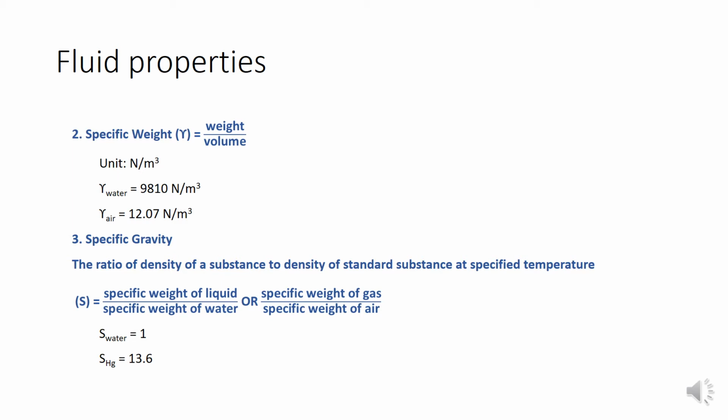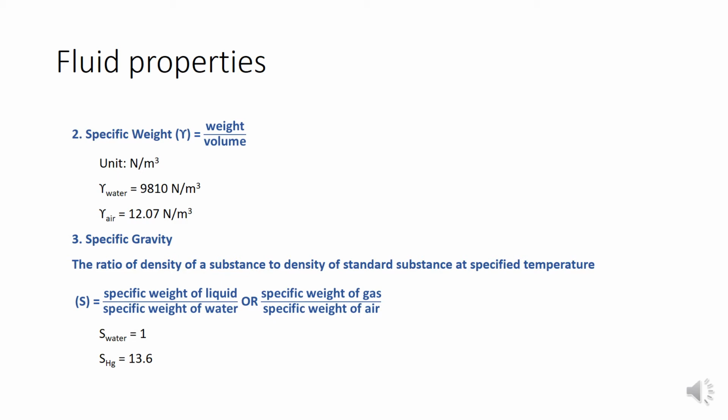Now when you compare two different liquids or fluids, we usually define it based on another terminology called specific gravity. This is the ratio between the density of a substance and the density of a standard fluid at a particular temperature.